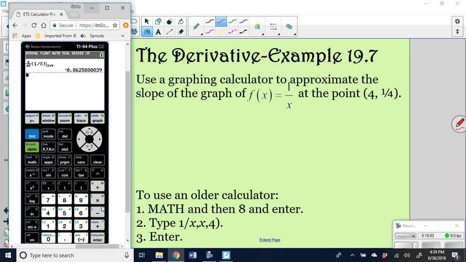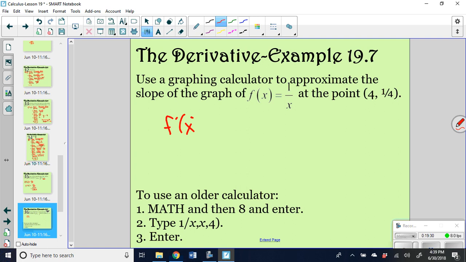And I get negative 0.0625000039. And so that is close to what it should be. If you do it algebraically, you'll actually get a fraction. So I'm going to use our formula that we just used a minute ago.